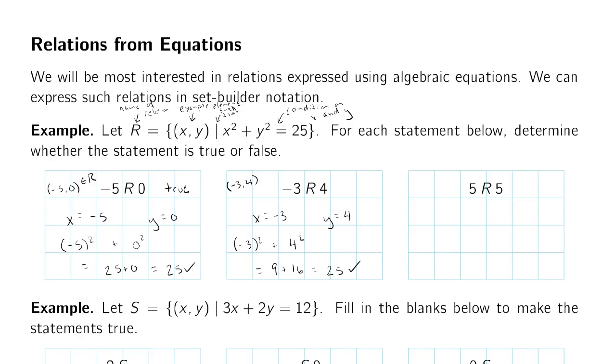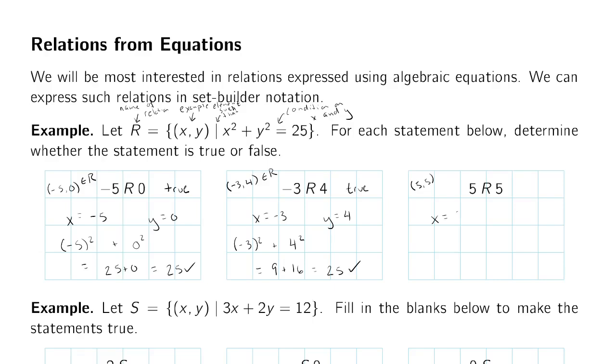That makes the equation true. So -3, 4 is an element of the relation R. And again, this statement is a true statement.